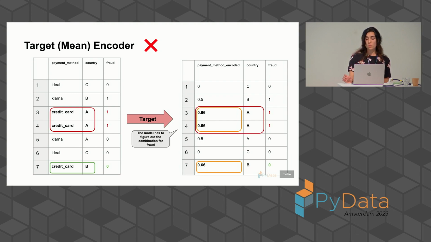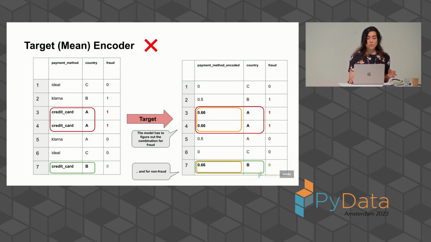So we expect the model to figure out this combination and learn it, to find the parameters, although we already found this relationship between payment method and country as features.